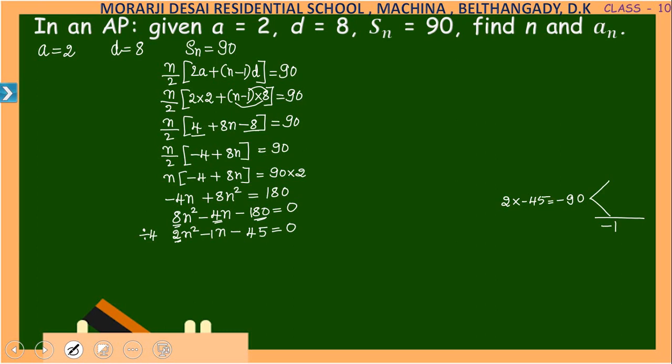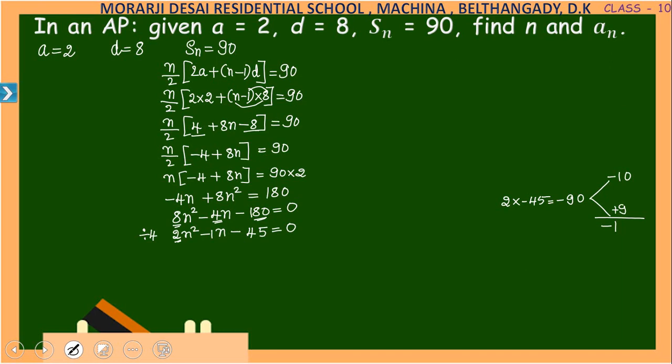Which are the two numbers? 10 9s are 90. Put the sign now. Here minus 1 we have to get, so minus 10 plus 9 is minus 1. Minus 10 into plus 9 is equal to minus 90.